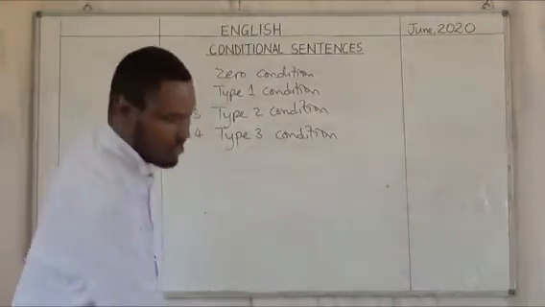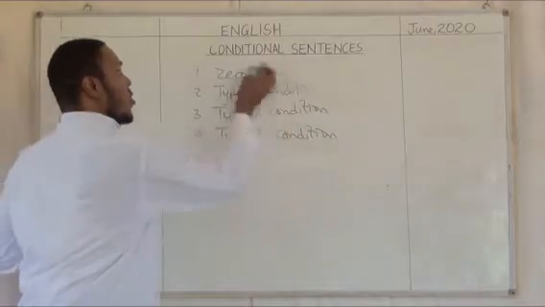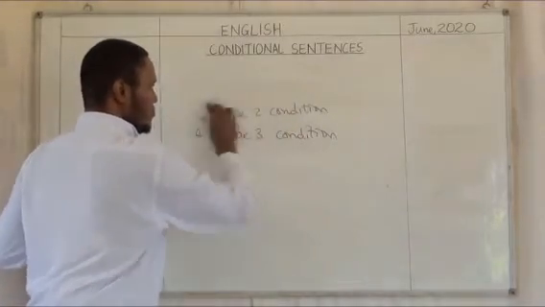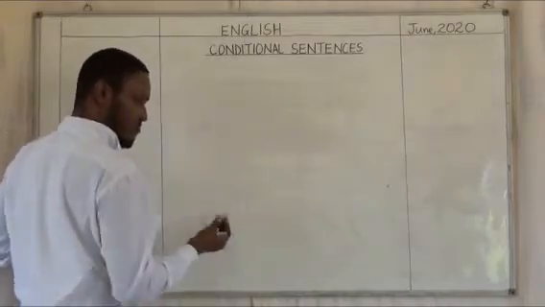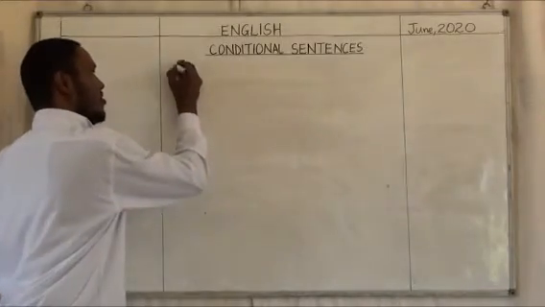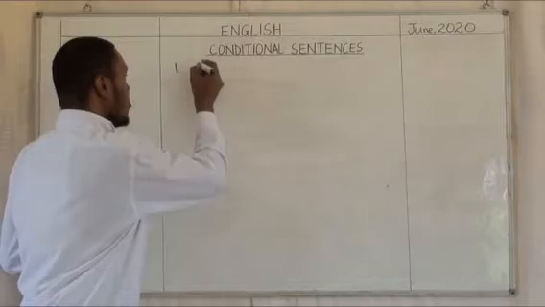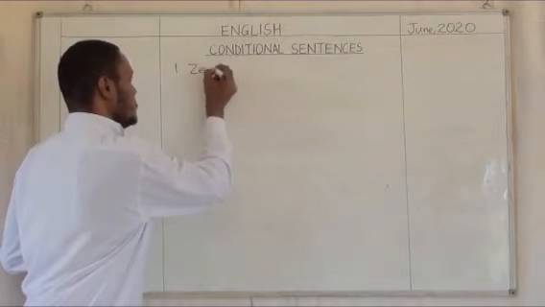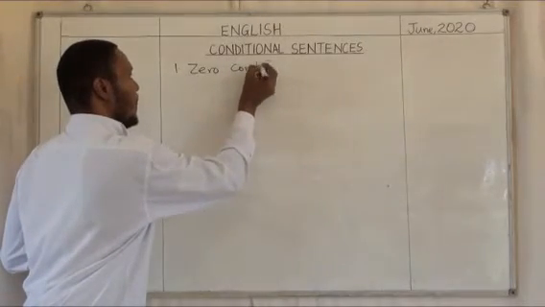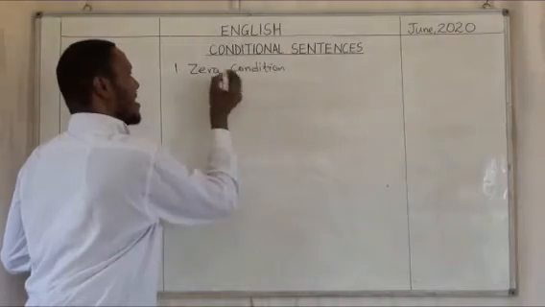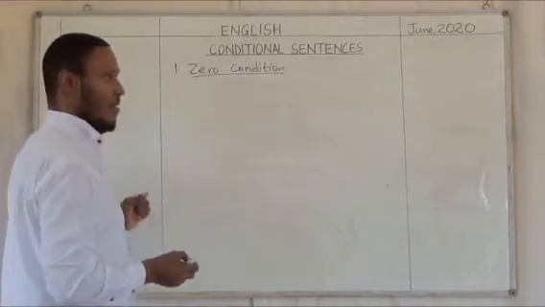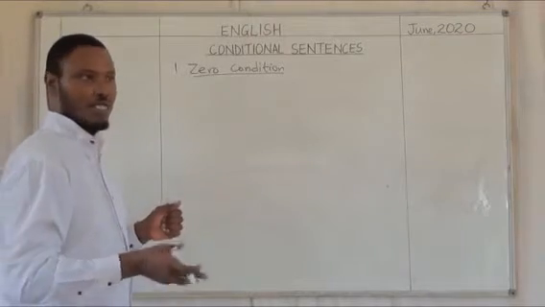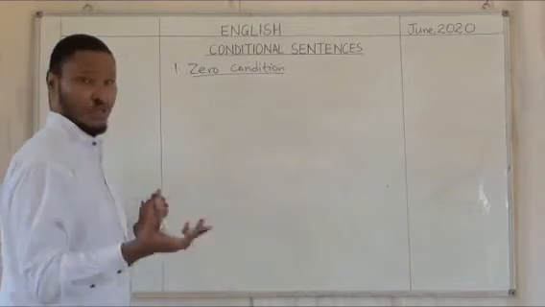We look at the first one, zero condition. A sentence in the zero condition expresses a general truth or something that is a scientific truth.